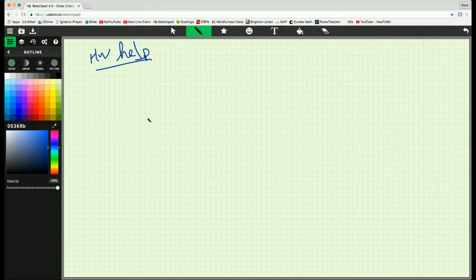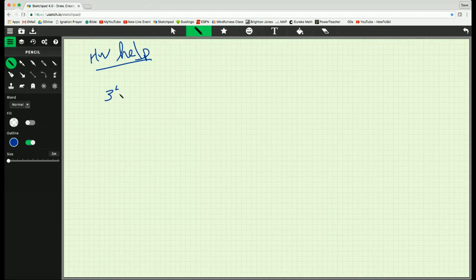Okay, so let's compute. Let's do this. 3 to the 4th. What is 3 to the 4th times 3 to the negative 2? Well, we can do this a number of ways. We're going to do it once using our product rule, and we're going to do it again using our negative exponent rule.